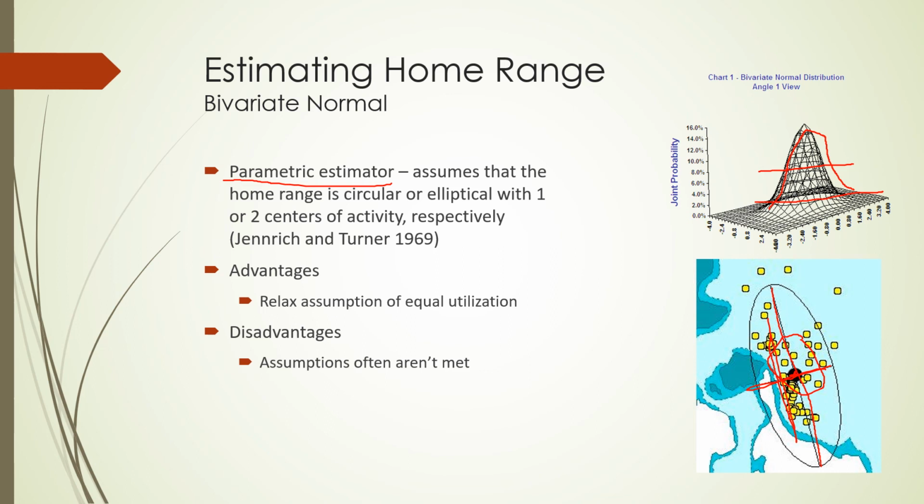So you're relaxing that assumption of equal utilization, but the problem is that when you really look at actual use of areas by animals, they don't follow this nice bivariate normal distribution. They're very clumped in a number of different locations oftentimes.